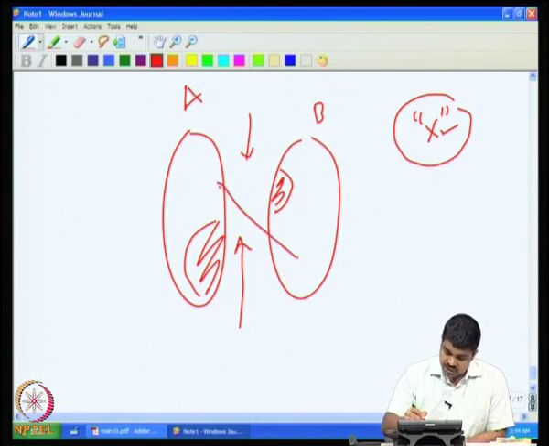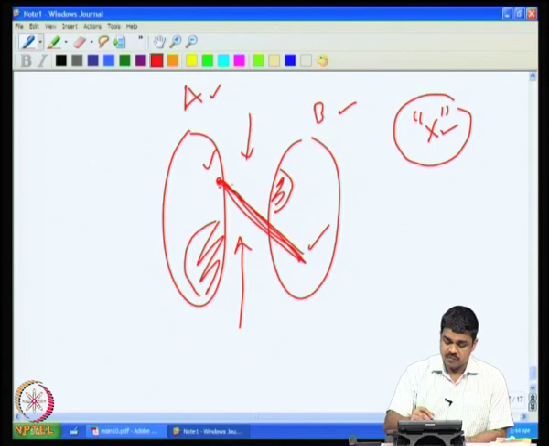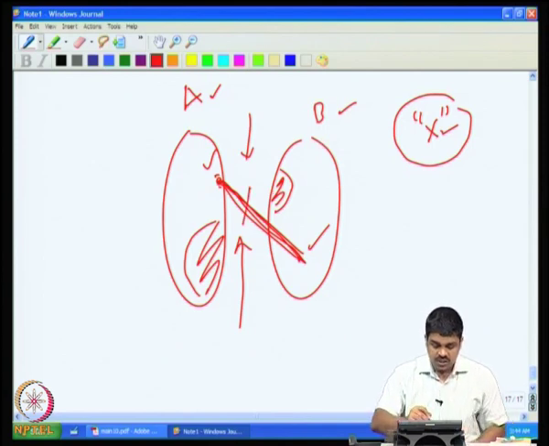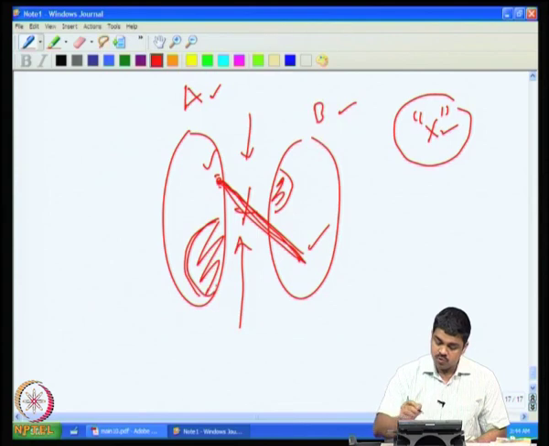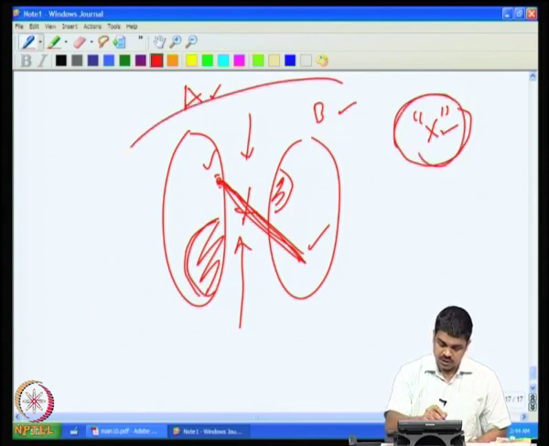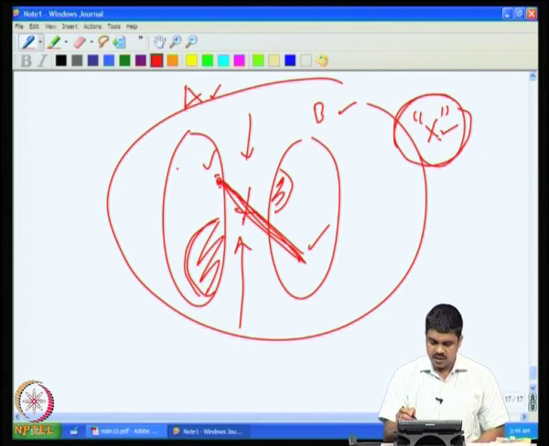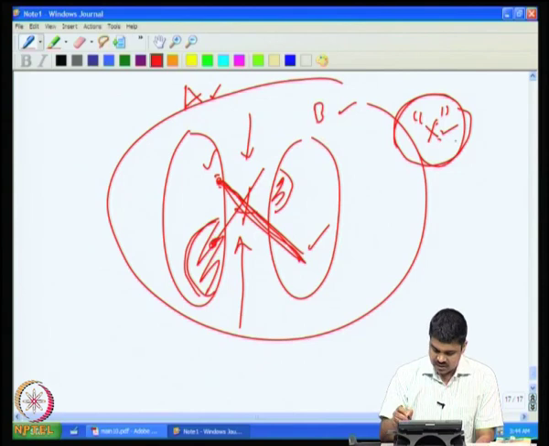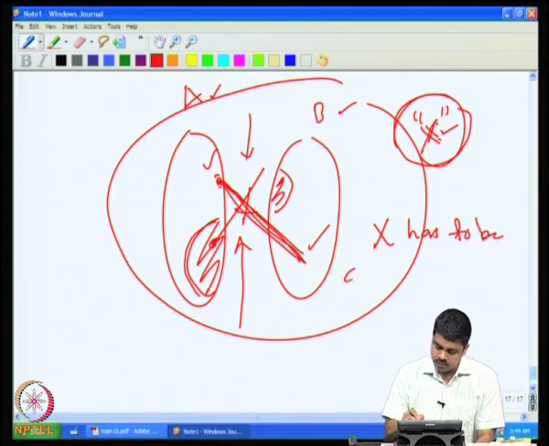Because even if one edge remains, A is not separated from B, since that edge is an AB path from A to B. So all the edges should get removed when we remove the vertices of X from the graph G, if it is an AB separator. In other words, every edge should have at least one endpoint in X, which means X has to be a vertex cover if it is an AB separator here.